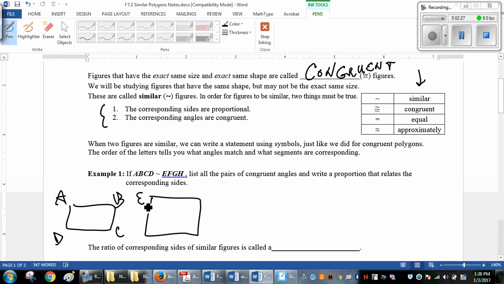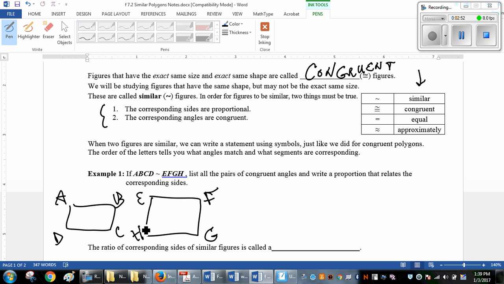Then next is B, so I'm going to put F in the top right-hand corner, so it corresponds to B. Now notice as I went around, C is in that bottom right, so that means G is going to go there. That corresponds to C, and H goes in that bottom left. Now, it's important, the way I drew this shows me which ones correspond, which tells me which angles are congruent and also which sides are proportional.